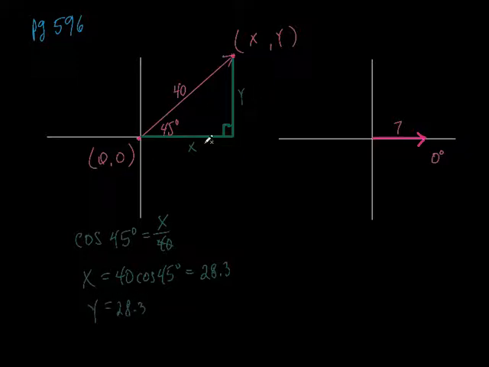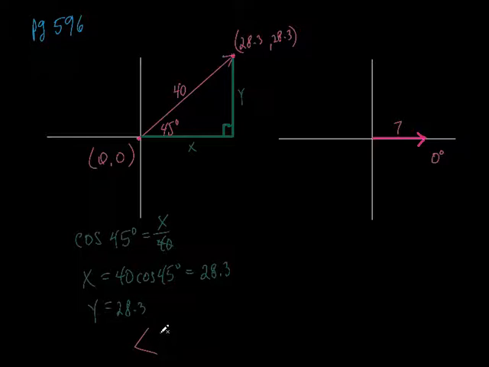Why did we even care what the lengths of those were? Because we wanted to find this ordered pair up here, so we could break it down into its components. So this is 28.3 and this is 28.3. This is pretty easy because it's this minus 0 and this minus 0, right? There's nothing squared. All we're doing is breaking it down to its components.